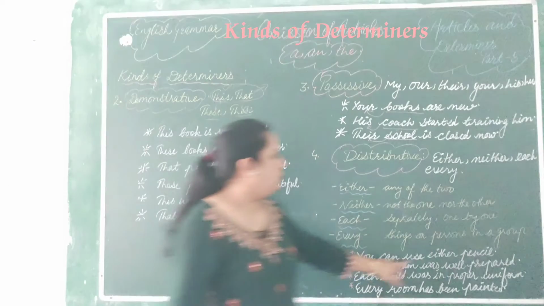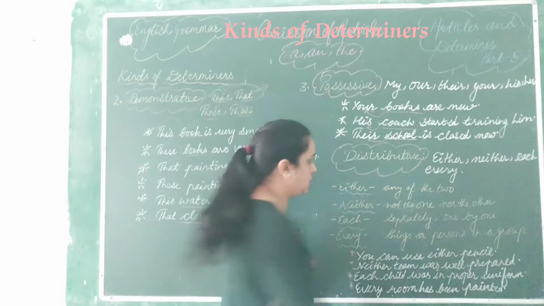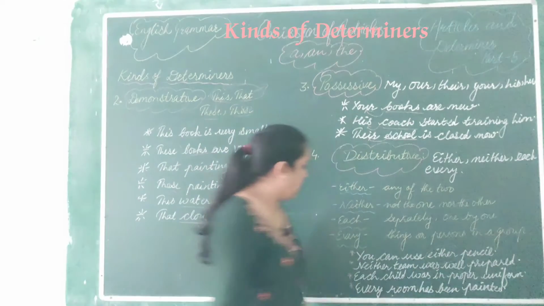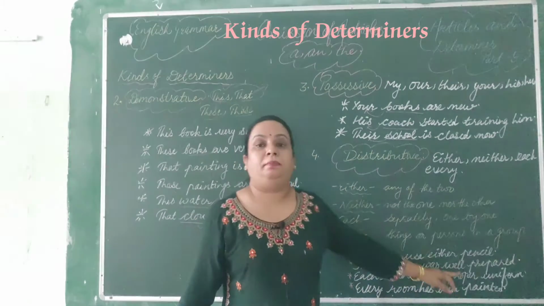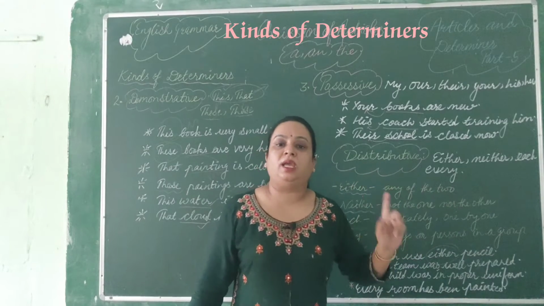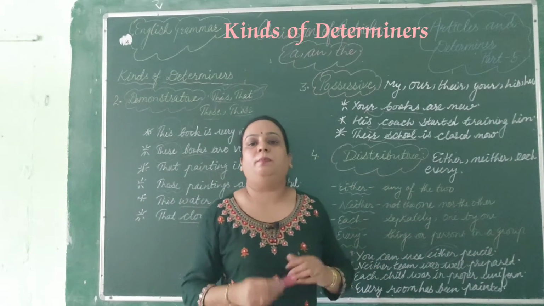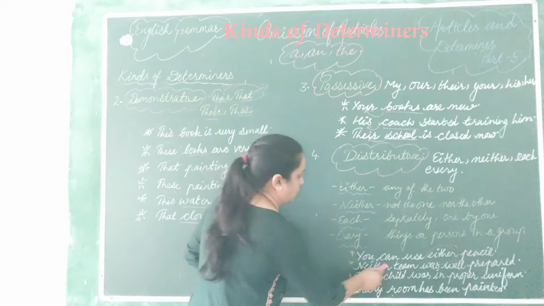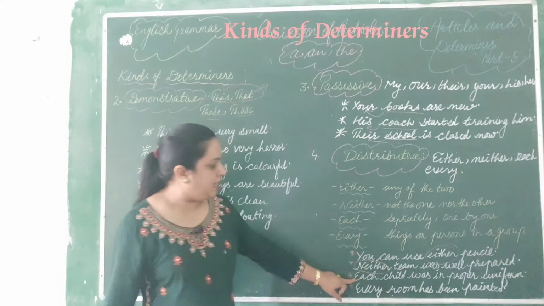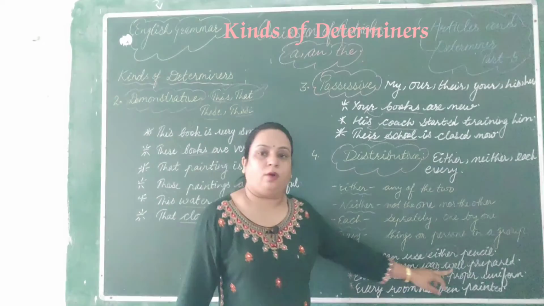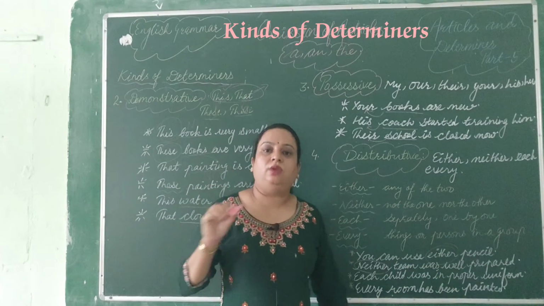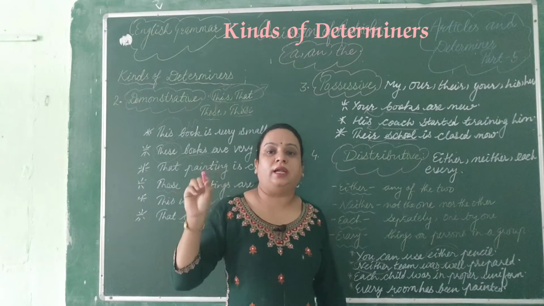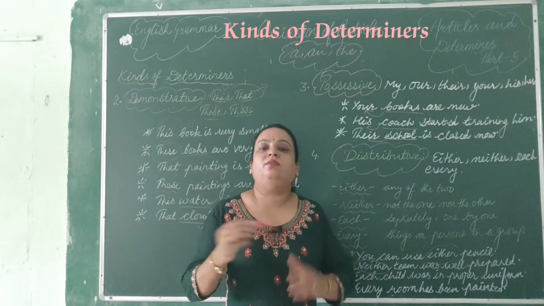Examples are, you can use either pencil, that is the example of either, means दोनों में से एक. Neither team was well prepared, मतलब 2 टीमें हैं, टीम A and टीम B, और दोनों ही well prepared नहीं थी, मतलब ना तो एक और ना तो दूसरी. So this is what? Neither. Each child was in proper uniform. तो यहाँ मतलब है कि we are talking about a single child, we are talking about individually, right?